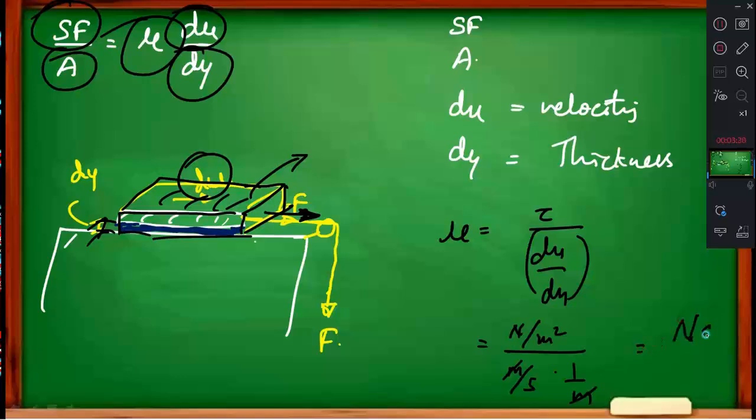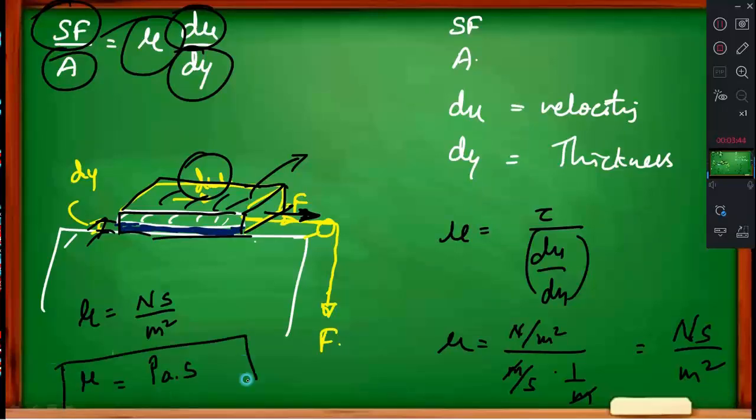Therefore, Newton second per meter square is the dynamic viscosity unit, or you can call it Pascal second. See how easy it is. This is your Pascal second. Interesting, right?